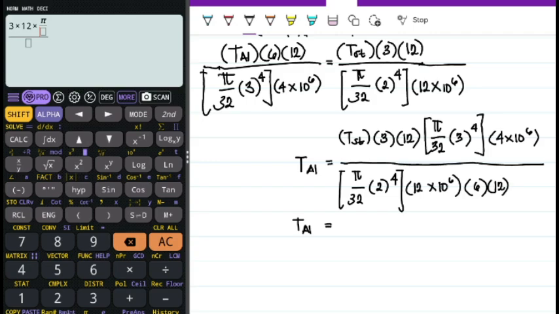That is pi over 32 times 2 to the fourth power times 12 times 10 to the power of 6, multiplied by 6 times 12.